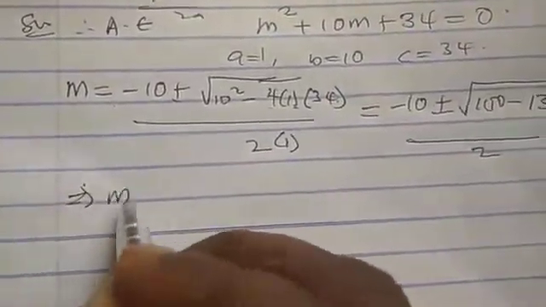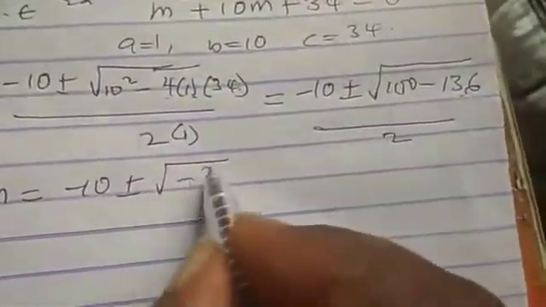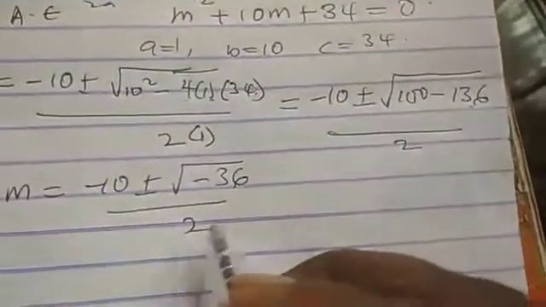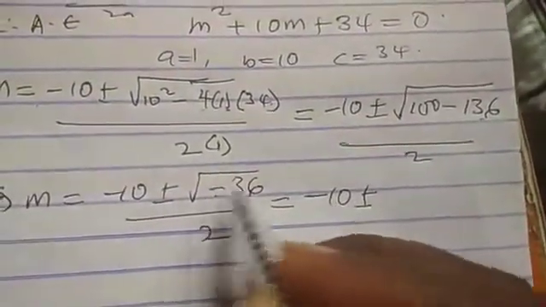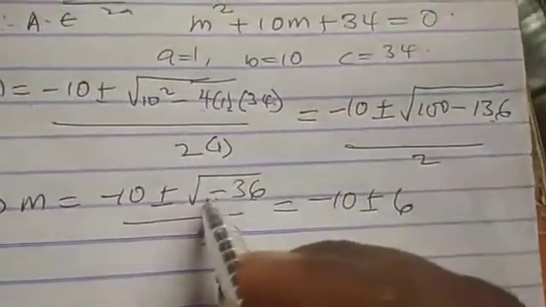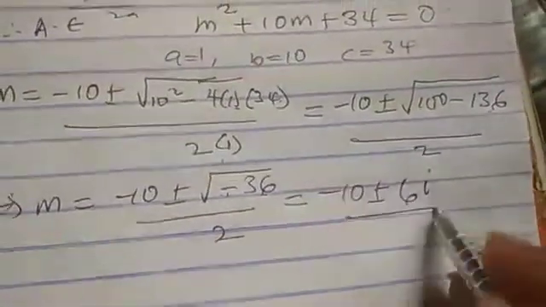This implies that m is equal to minus 10 plus or minus root of minus 36, divided by 2. From this place it is very easy. Square root of 36 is 6. It will remain minus, and the square root of minus 1 is i, divided by 2.